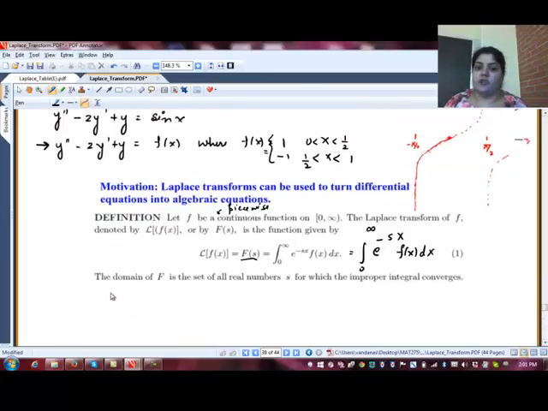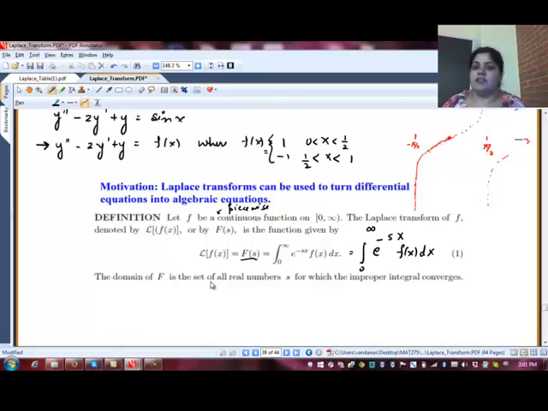Okay, so what is the domain of this capital function F? This is a very important question we should ask. This integral is an improper integral because it's going to infinity. If this integral converges, all those values of s for which this integral converges will be in the domain of this function.